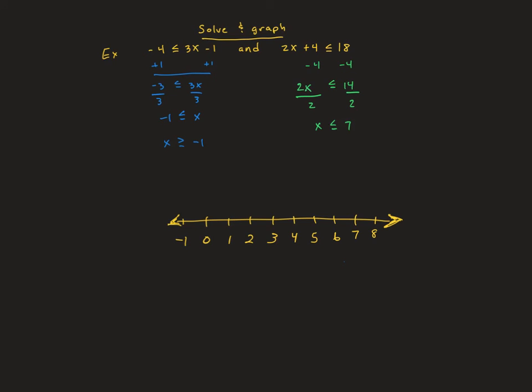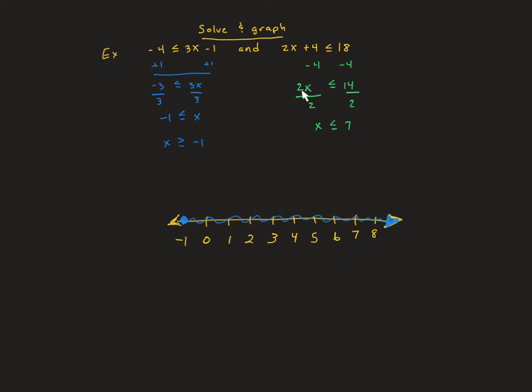Doing the same thing, I can go ahead and graph that one. So x is greater than or equal to negative 1. Greater than or equal to means it's included, and it is everything greater than. Okay, and if we look at our next inequality, we have 2x plus 4 is less than or equal to 18. Subtract 4 from both sides so I can isolate my variable.